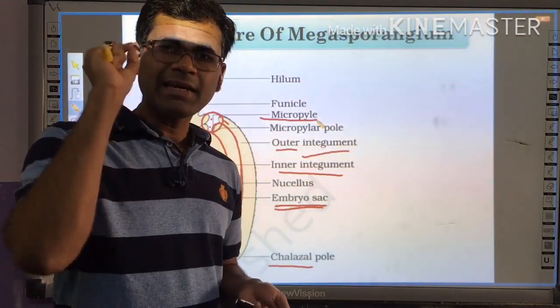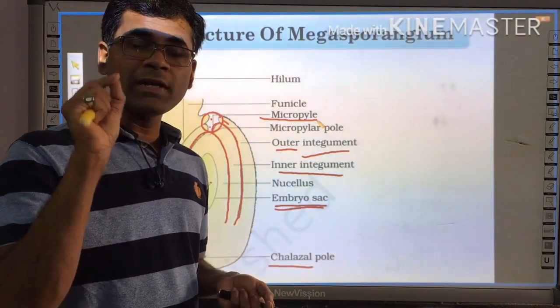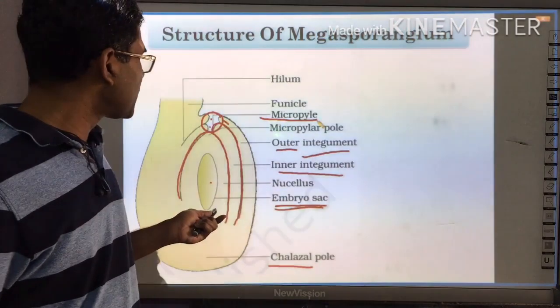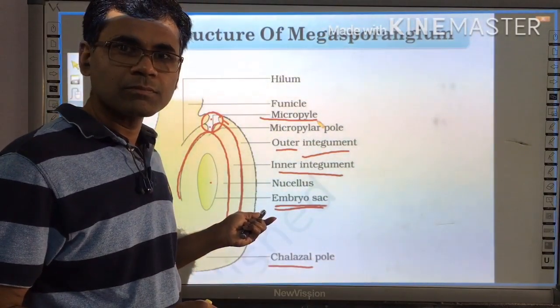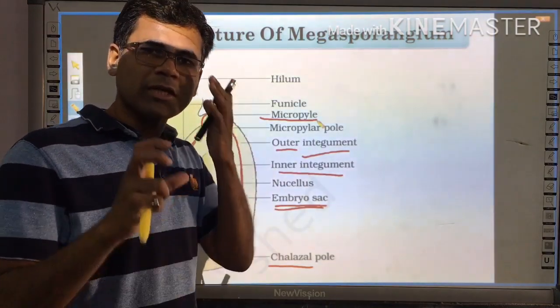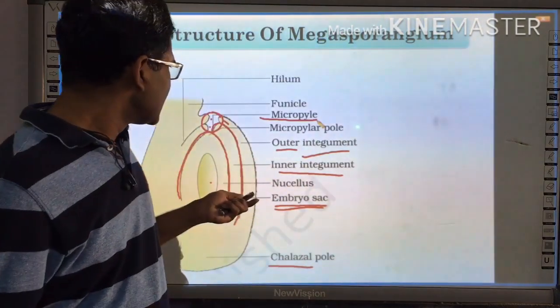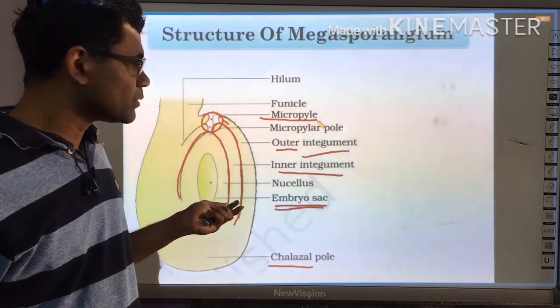the ovum, that is the egg, is only present at the micropylar end, only at the micropylar pole. So the location of the egg apparatus is always toward the micropylar pole.